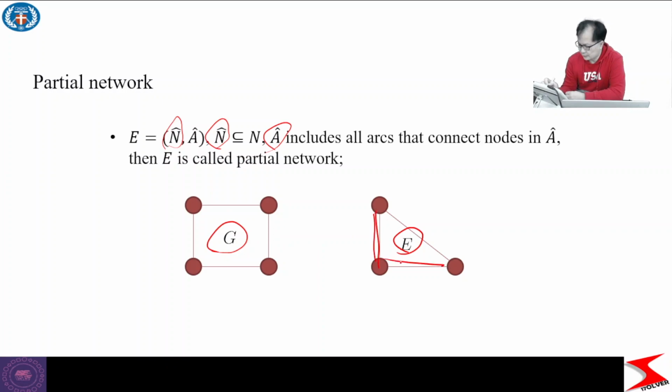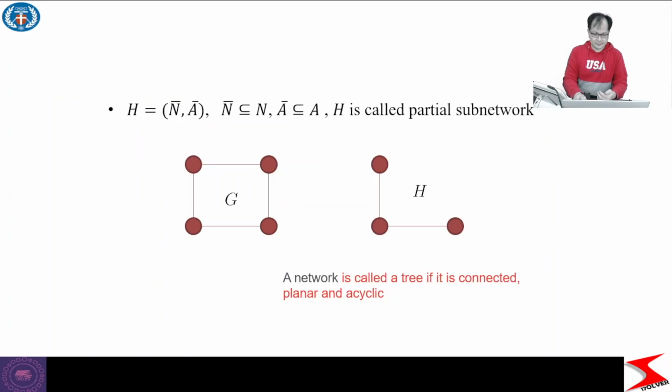For these two, the arc may exist here that is not in the original arc set. We call this kind of network a partial network. And if we combine these two together, we call it a partial subnetwork. So H is the partial subnetwork of G. Okay.